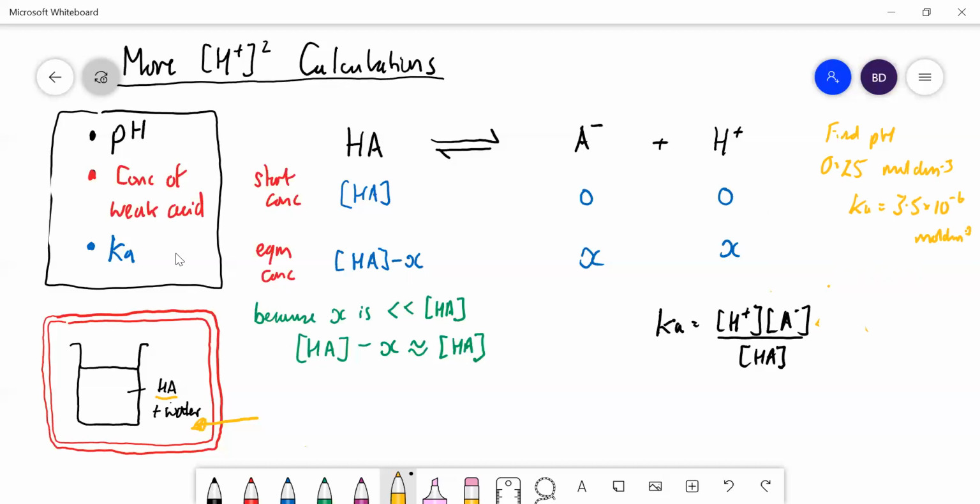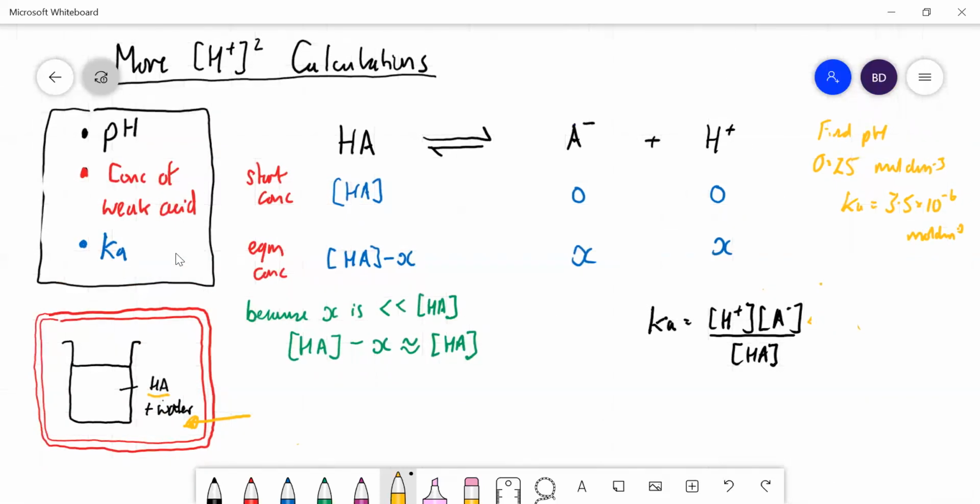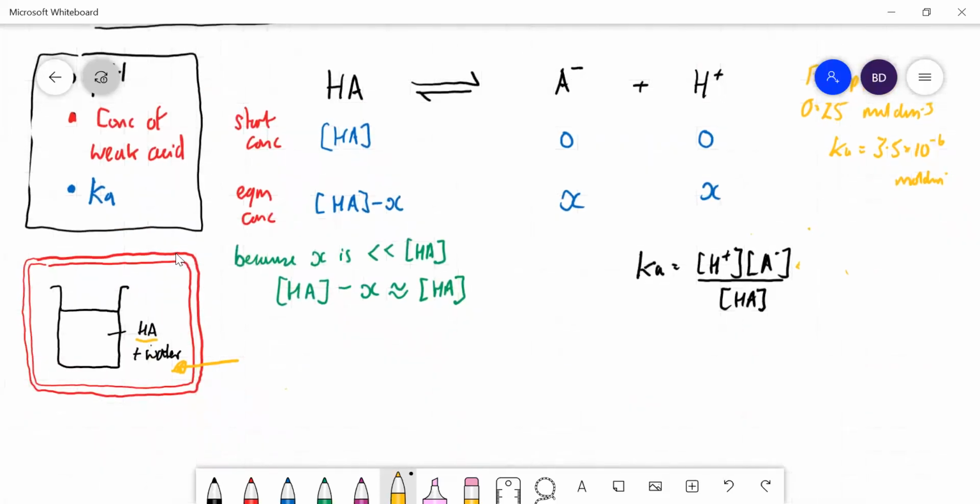Right, so which one do we want to find out? We're told the concentration of the weak acid, and we're told the Ka. So we're going to find out the H plus concentration. First of all, let's write down the expression. Ka is equal to H plus squared, because H plus is equal to A minus, over the concentration of HA.